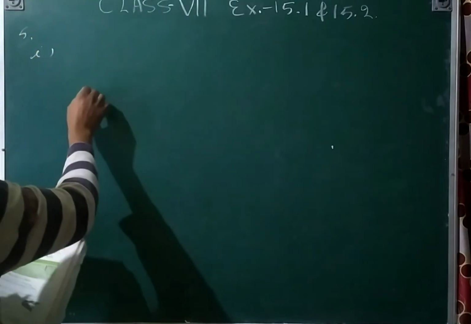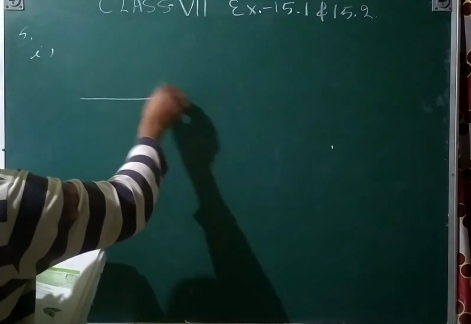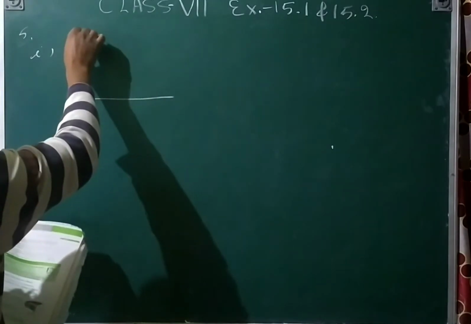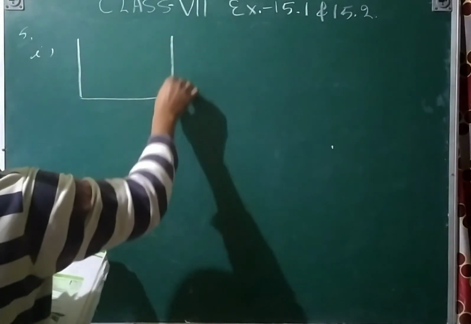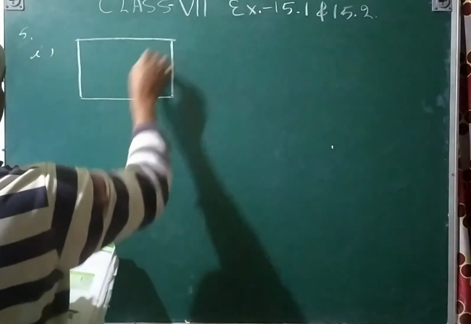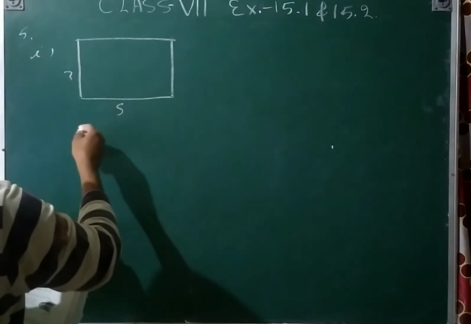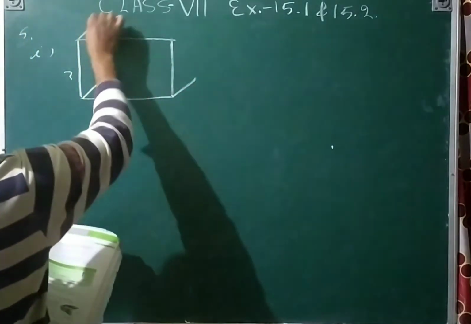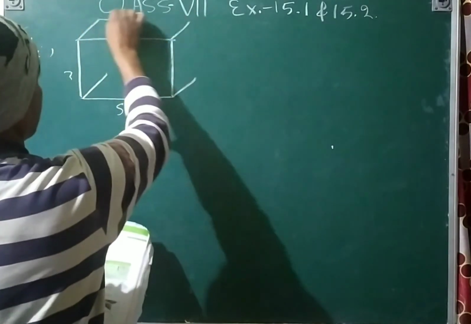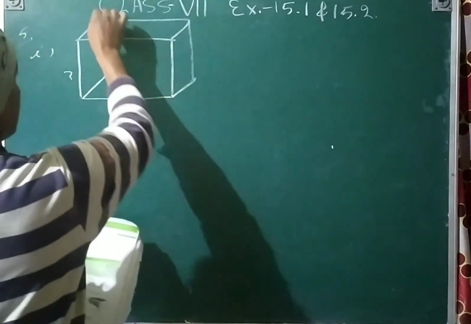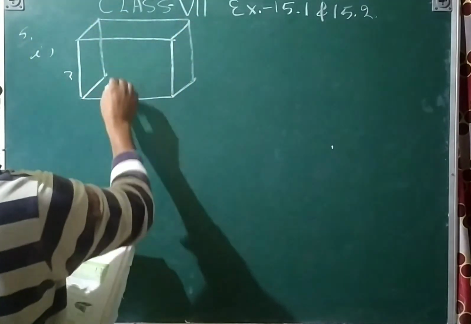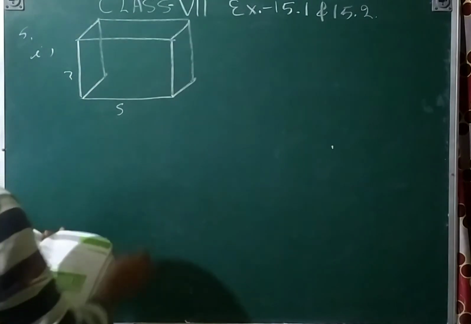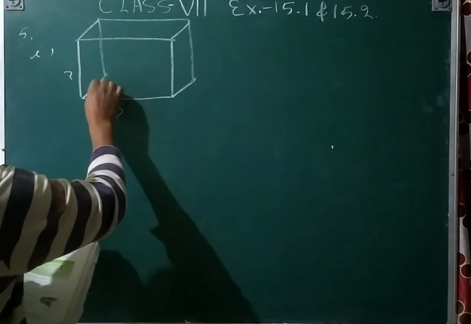First part. So first of all you will draw the 5 centimeter line and then 3 centimeter, 3 centimeter, 5, 3 and then 2 centimeter, 2 centimeter, 2 centimeter, 2 centimeter and then join these. This is the 2 centimeter.